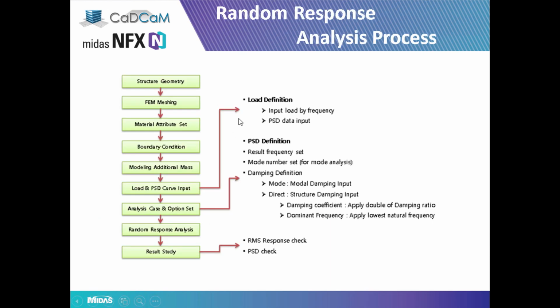Okay, what is the procedure in order to do a random analysis? The procedure is to have the geometry and import the geometry to MIDAS software, then do the finite element meshing, and then define the material attribute set, define the boundary condition, if it is fixed or other boundary condition, and also the external load on the system.